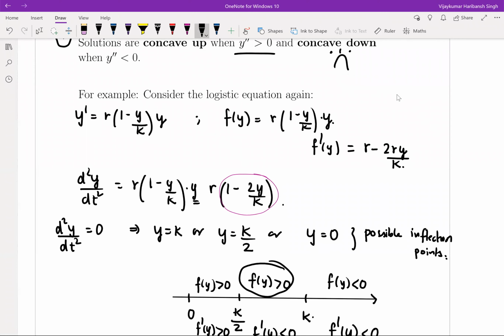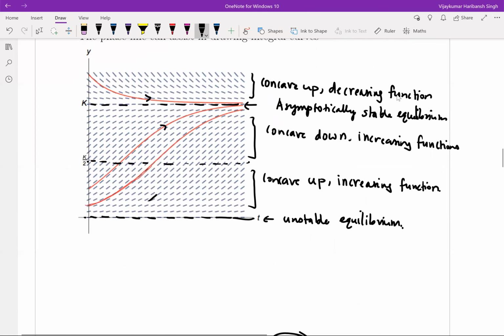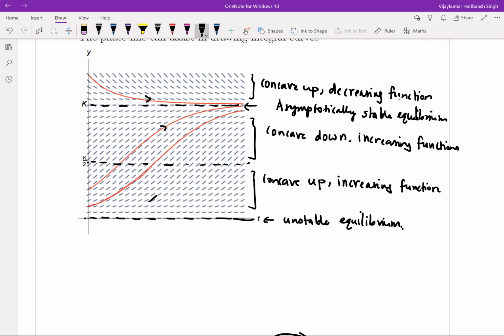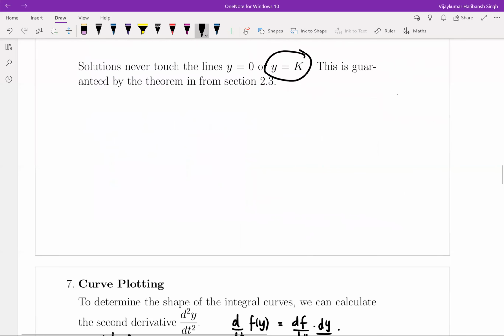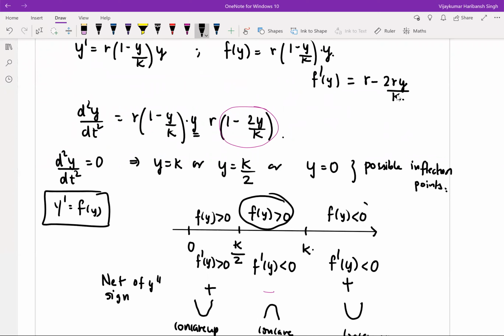This is measuring how the curves are increasing or decreasing, because you have y' equals f(y). In this case also it's increasing, but in a concave down way. And similarly beyond k, f(y) is less than 0, so it is decreasing, in a concave up way.